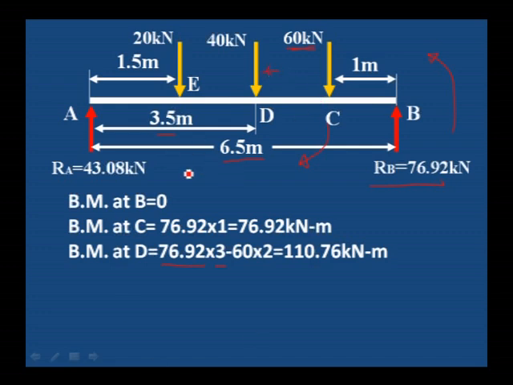Total distance is 6.5 minus 3.5, that is 3 meter, 3 minus 1, that is 2 meter between C and D. 60 into 2. 76.92 into 3 minus 60 into 2, we will get the bending moment at D, 110.76 kilonewton meter.